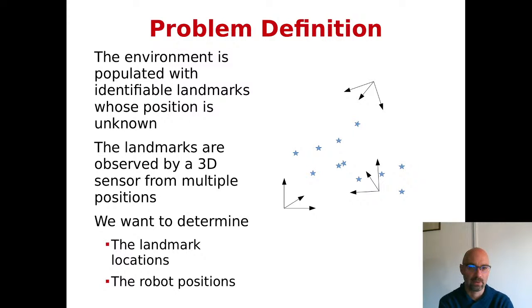So the input of our problem consists of a set of sensor to point measurements and nothing else, or maybe the initial guess, because we are still in a least squares setting. Okay, and what we want to determine is therefore the location of these landmarks and the location of the robot positions.